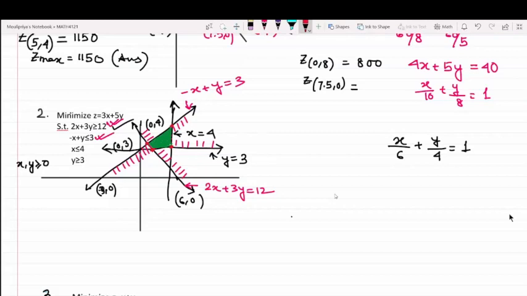So as it seems, the optimal solution should lie in the feasible region and is one of the corner points of the feasible region. Am I okay with this? Yes, ma'am. We are interested to find the solution that is satisfied by all the constraints, the non-negativity condition, and it has to minimize the given objective function.